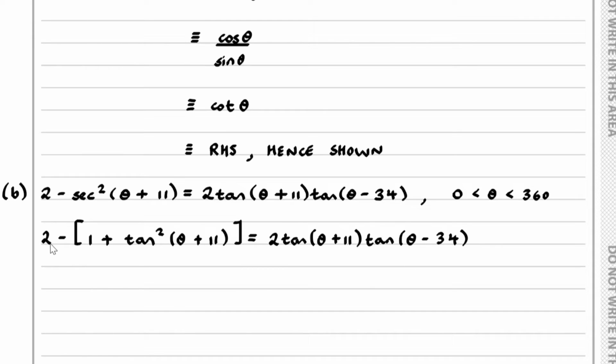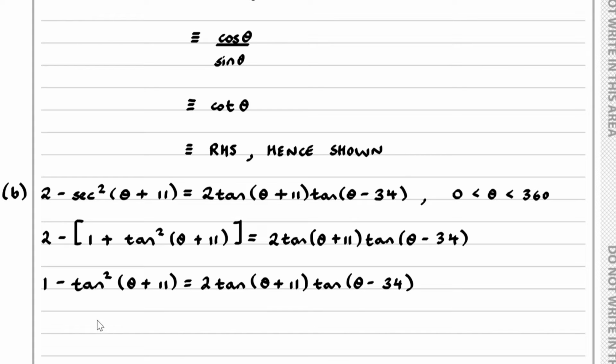And now we can see here we've got 2 subtract 1, which is 1, and then we've got minus tan squared of theta plus 11 equals 2 tan of theta plus 11 multiplied by the tangent of theta minus 34.